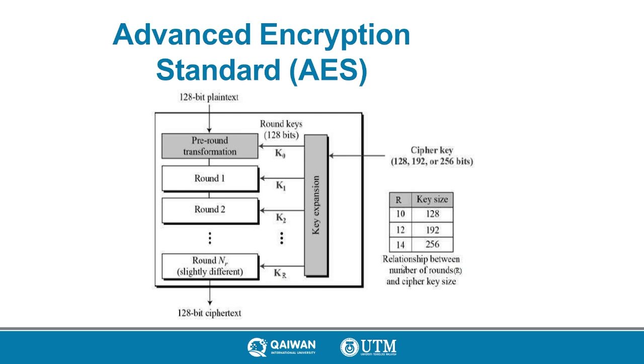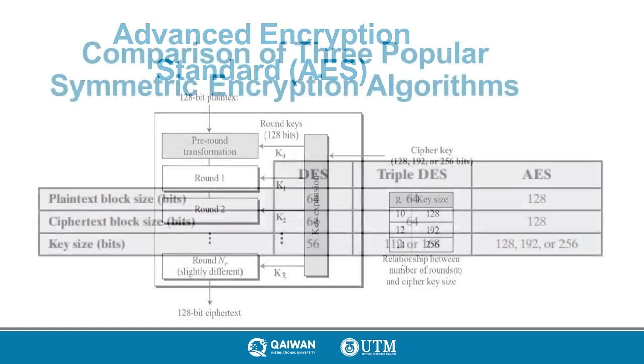So the relation between the rounds and the key is very understandable: for 128 the rounds would be 10, and for 192 and 256, 12 and 14 respectively. Now we reach the last round, and we will have 128 bits of ciphertext.